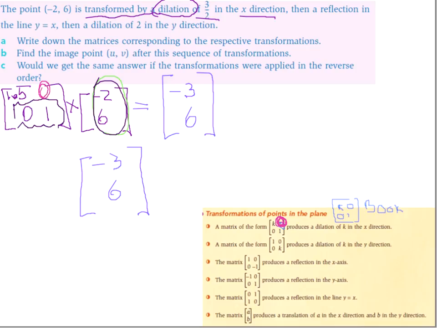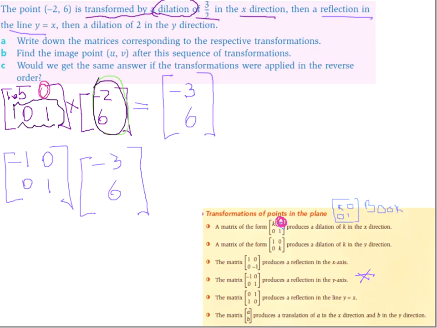Alright. And what we have to do next is reflect in the line y equals x. So that's what we have to do, this part. Reflect in the line y equals x. So we have to multiply by the matrix 0, 1, 1, 0.